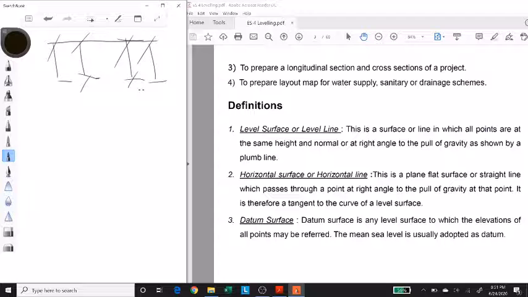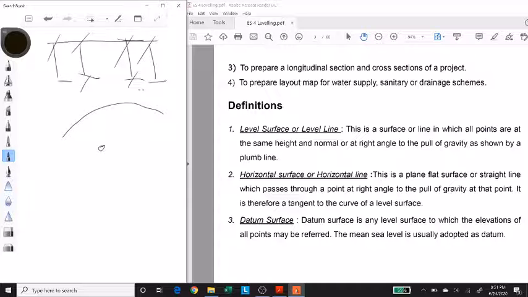Now, if you draw it on a bigger scale, the surface of the earth is not flat. So if you want to have points at equal elevation, or a level line, then in actuality, from the reference point, the level line would be a curve, since that is the natural trajectory of the surface of the earth.